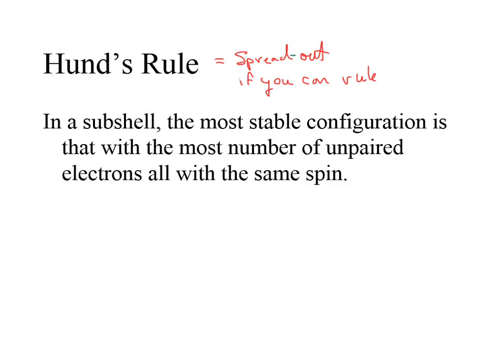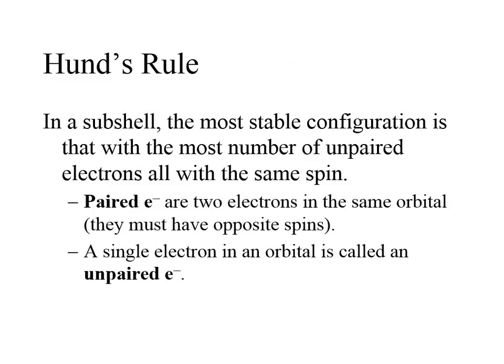I liken it to if you have a big house and 4 kids, you give them their own room if you have enough room. If you have 4 kids and only 3 rooms, then someone's going to have to share, and that's what electrons do.